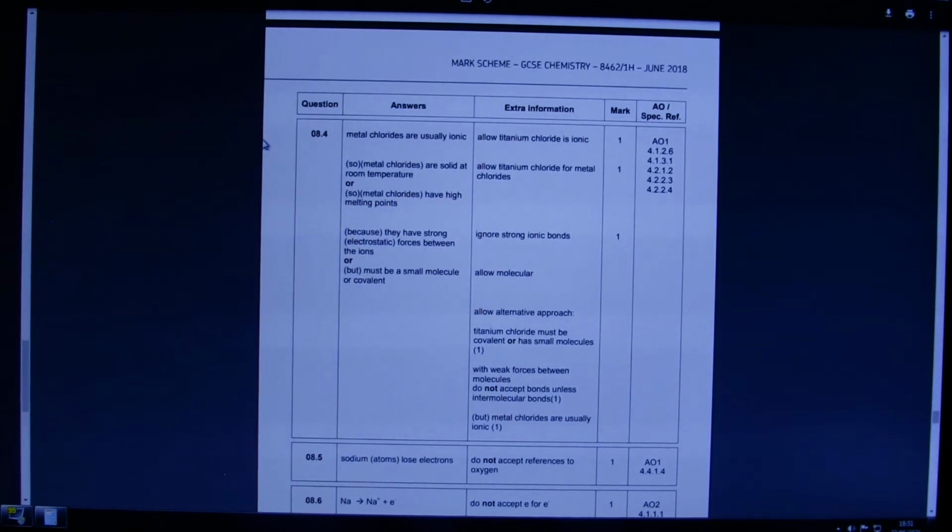Metal chlorides are usually ionic, so metal chlorides are solid at room temperature. Okay, it's because it's ionic. Strong electrostatic forces between the ions. Yep.